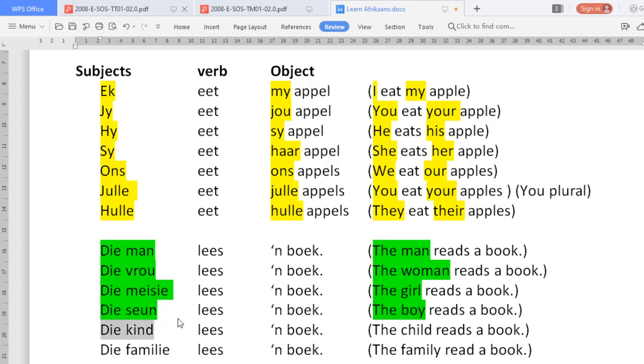Die kind lees 'n boek, the child reads a book. Die familie lees 'n boek, the family reads a book. I'm going to just read through the subjects again. Die man, die vrou, die meisie, die seun, die kind, die familie.